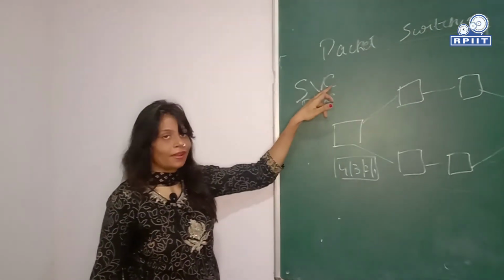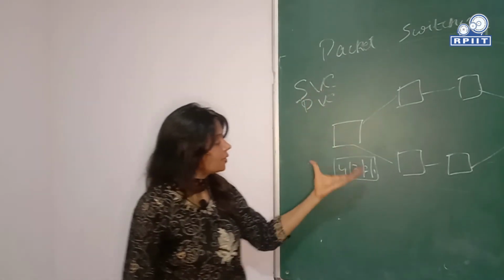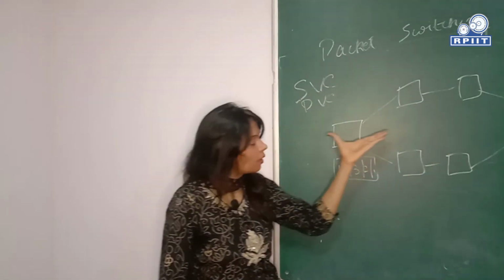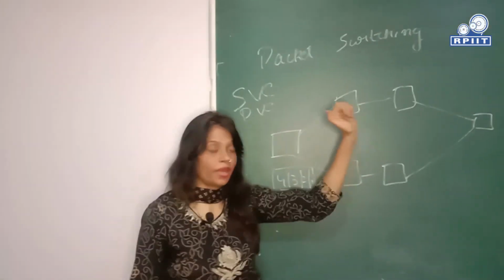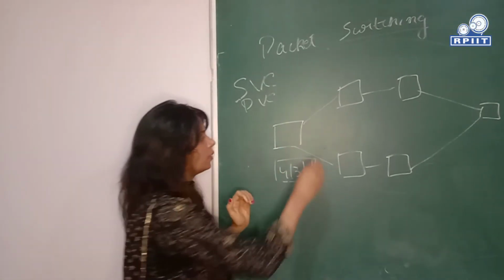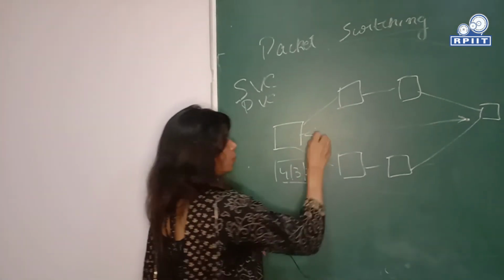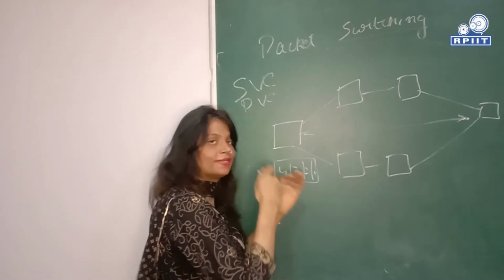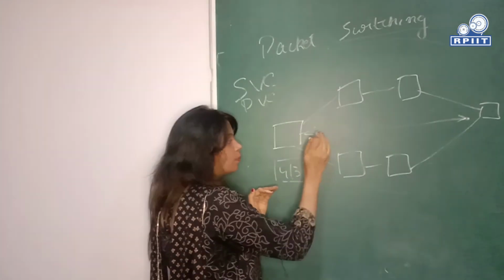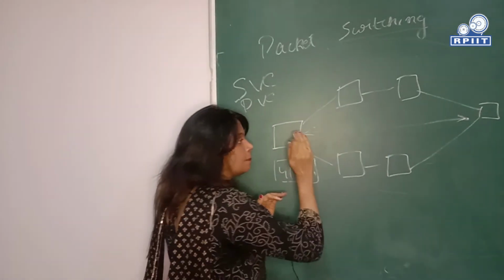In switched virtual circuit, a switched dedicated path is established before the connection starts, okay? And once the connection is established between the two endpoints, the data that belongs to this particular network is transmitted.